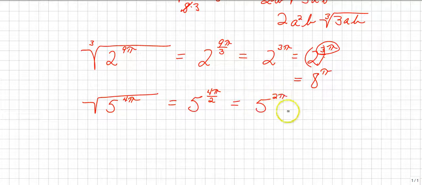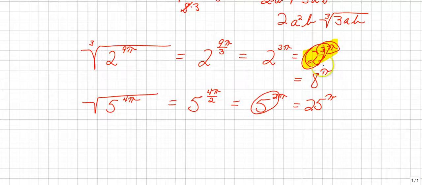Now there's a little shortcut here. Instead of splitting it into 2 little parts as in the last problem, 2 to the 3 pi is 2 to the 3 to the pi. What you can do is just look at this and do that part of the problem first. So 5 squared is 25, and pi is still the exponent. Same thing here. I could have gone 2 cubed is 8, and pi is still the exponent. Just a little bit faster.